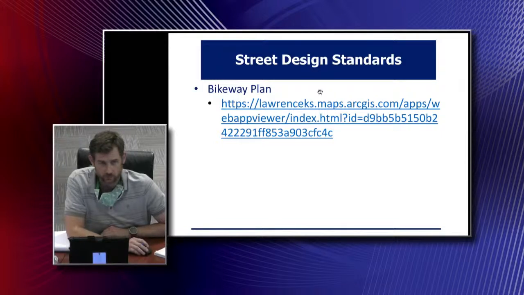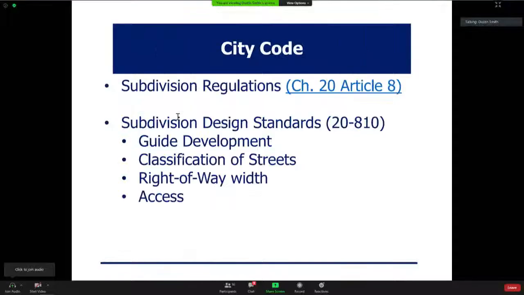As volumes and speeds change, it may be appropriate to make changes when the design is done, and not go off of a plan that may be older. There's a link here if there are any other questions on our bikeway plan, but I think most of you are probably familiar with it.